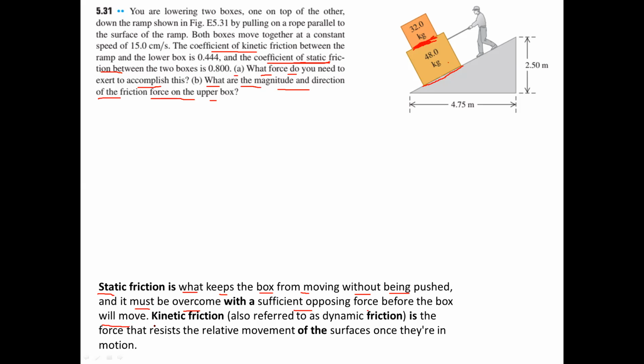Kinetic friction, also referred to as dynamic friction, is the force that resists the relative movement of the surfaces once they are in motion. Here is important: they are in motion. If your object is in motion, you should talk about kinetic friction. Okay? So now I think you know the difference between these two terms.